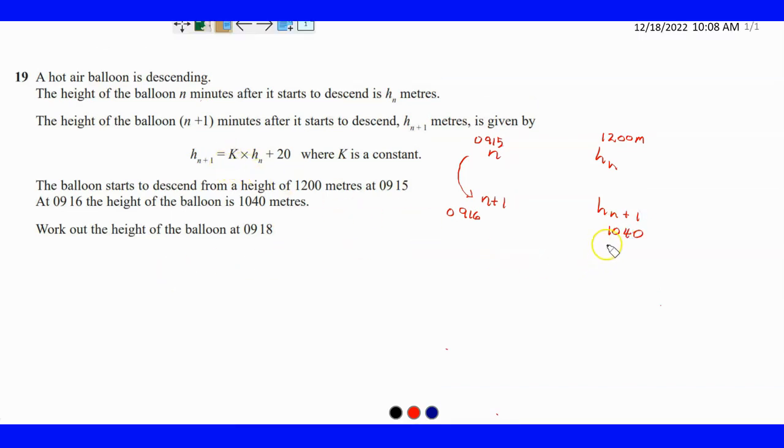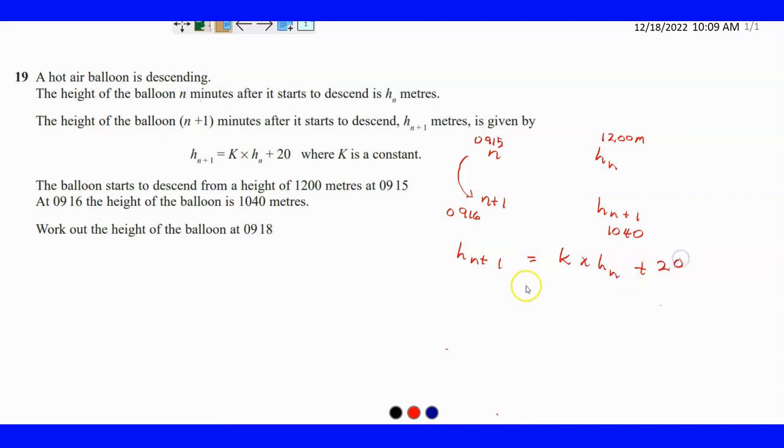From here we have sufficient information to work out the constant k. At 9:16 we would have a height of 1040 meters. So here we're going to use this formula: h_(n+1) equals k times h_n plus 20.